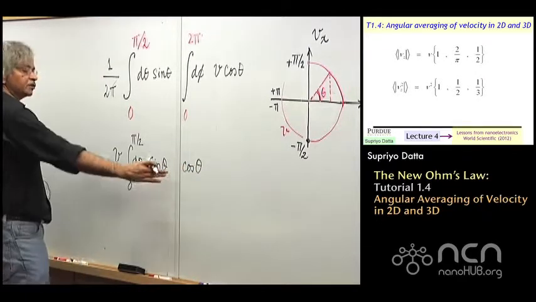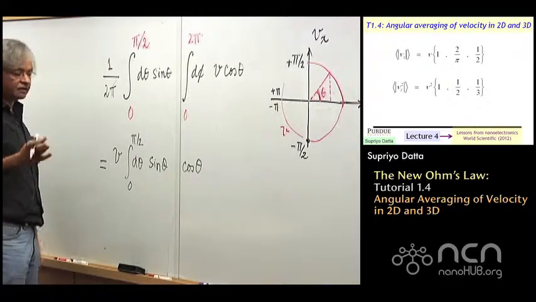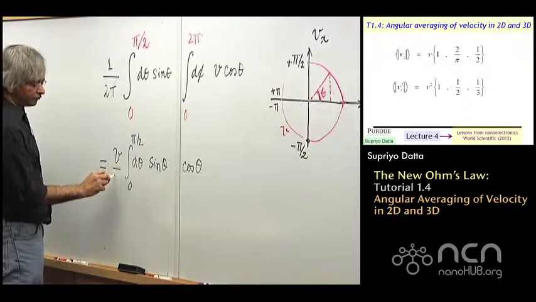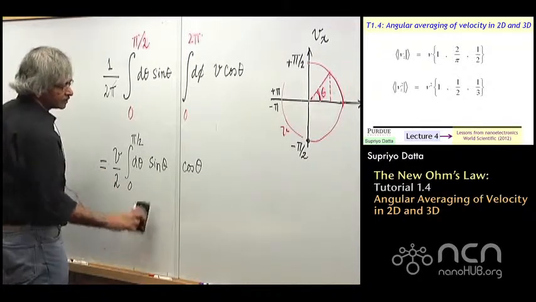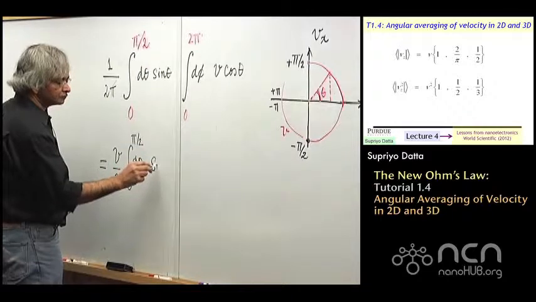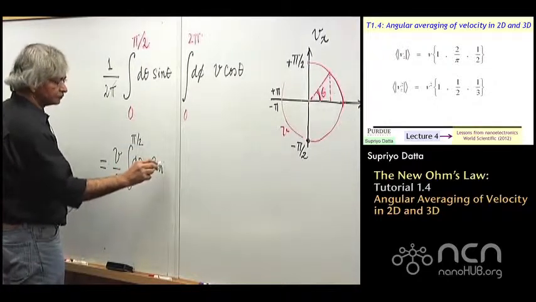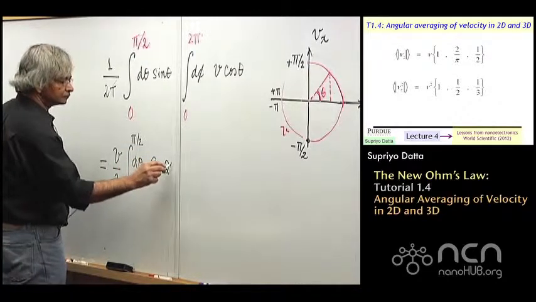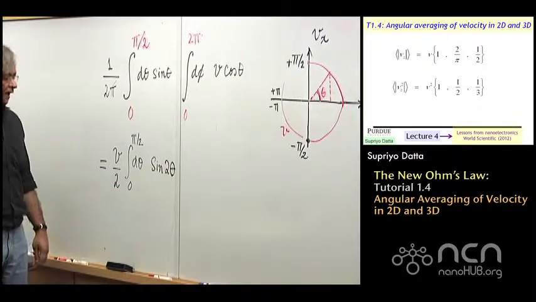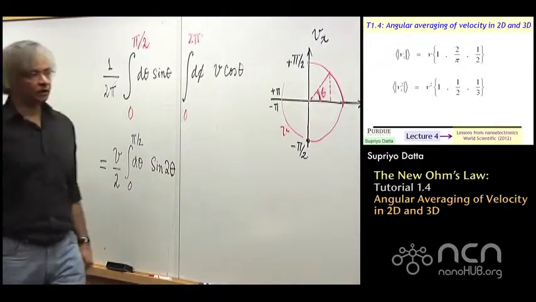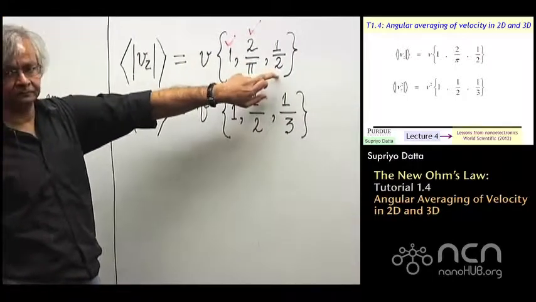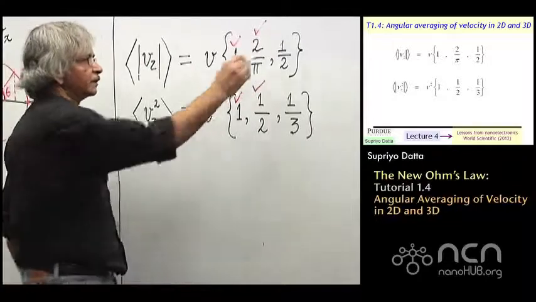Now sine theta cosine theta is actually half of sine 2 theta. So I could put a half there and make this sine 2 theta. And this then would get you this first result here, the half. So that's that one.